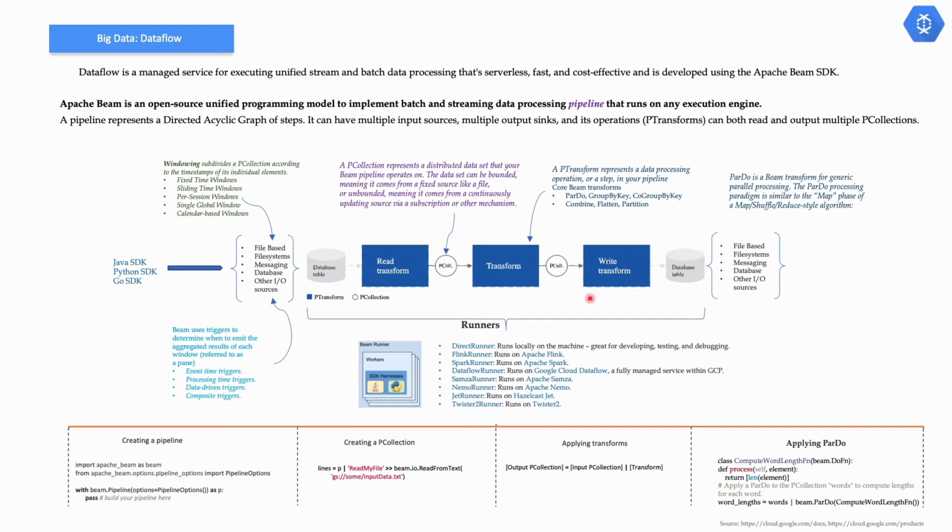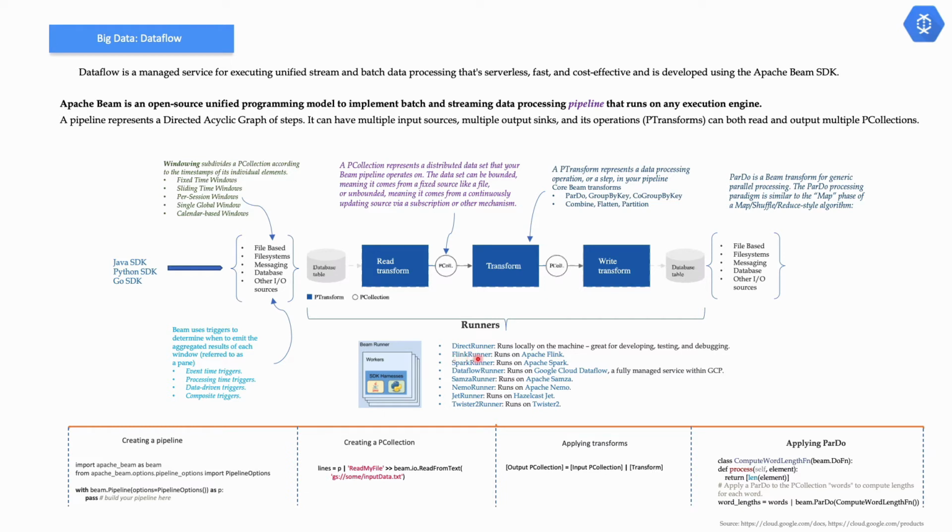So what needs to be done is by following Apache Beam guidelines, and then where it needs to be run, you have a lot of flexibility to pick one of the runners. So direct runners run locally on the machine, and this is where all of the developers, after they write Apache Beam code, use the direct runner to use the native libraries of Apache Beam to run the pipeline.